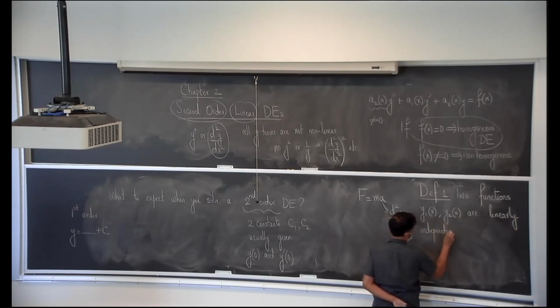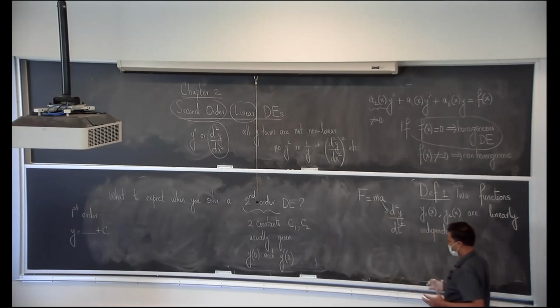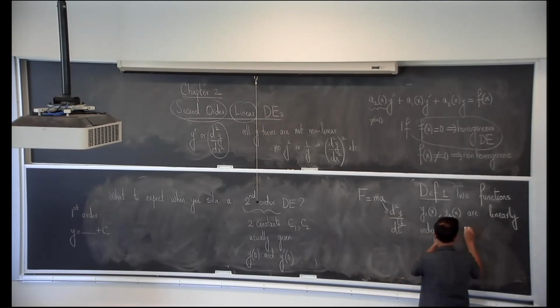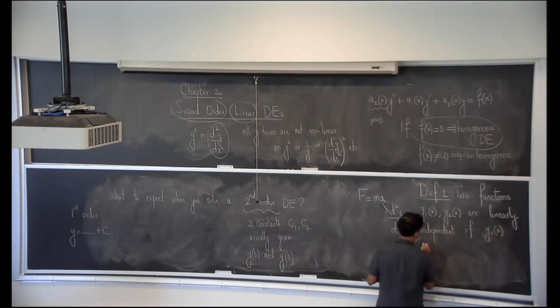That's a very technical sounding word, but all it says is that they are independent of each other. They are linearly independent if y1 of x is not a scalar multiple of y2 of x.